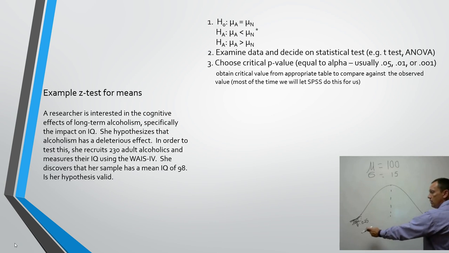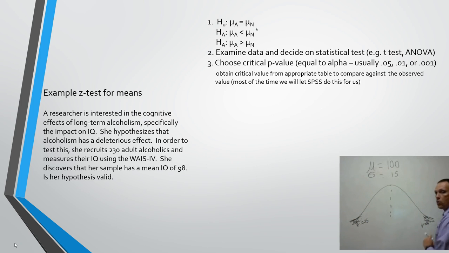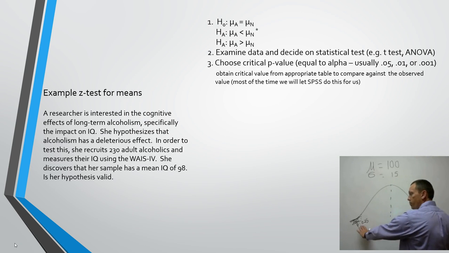So again, 0.025 you add together and you get your 0.05. We're looking for the probability of getting these scores or these scores before we're going to say that our result is not likely due to just random sampling. Okay, but again, p of 0.05 is what we're looking for.